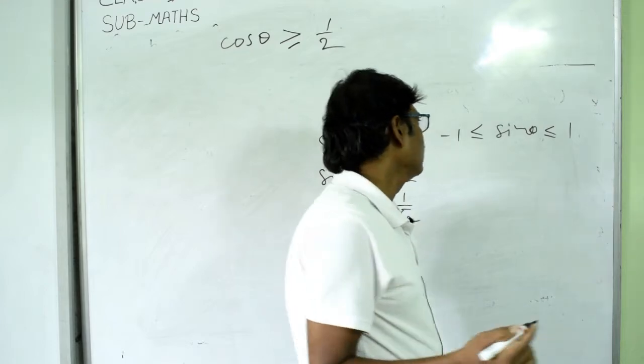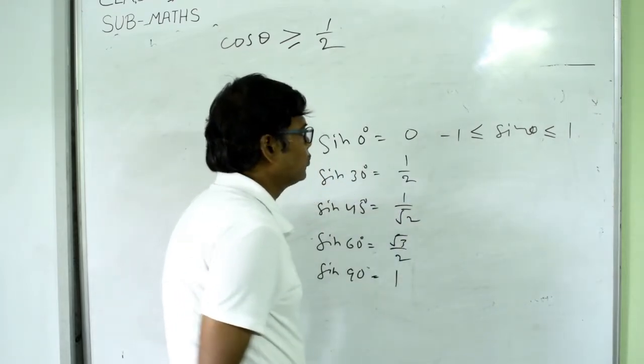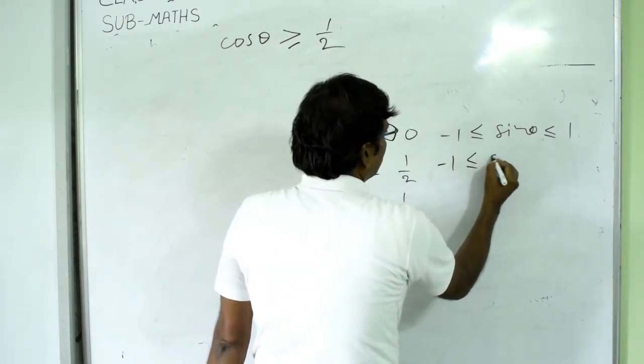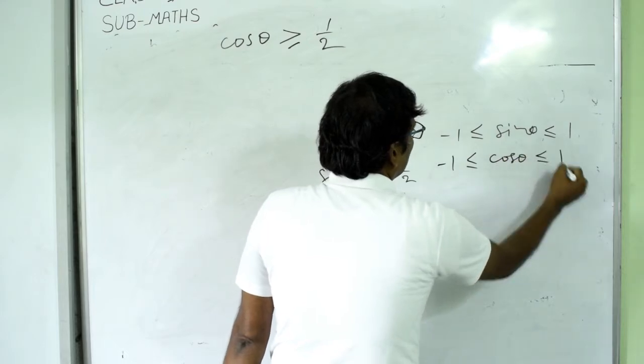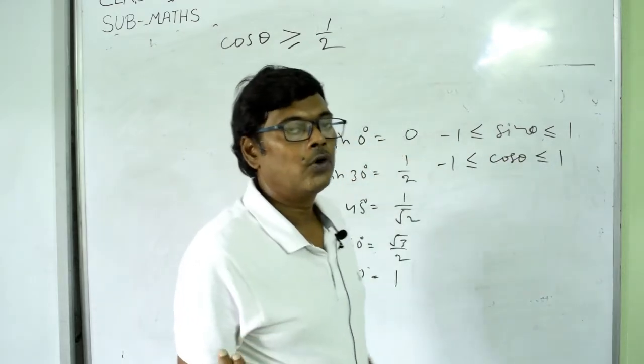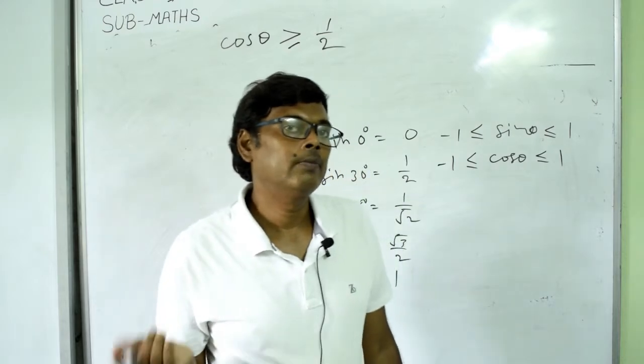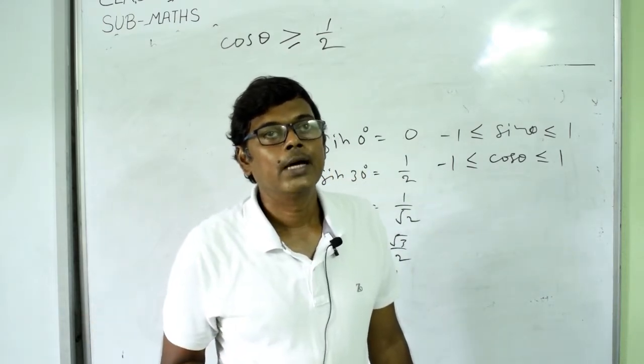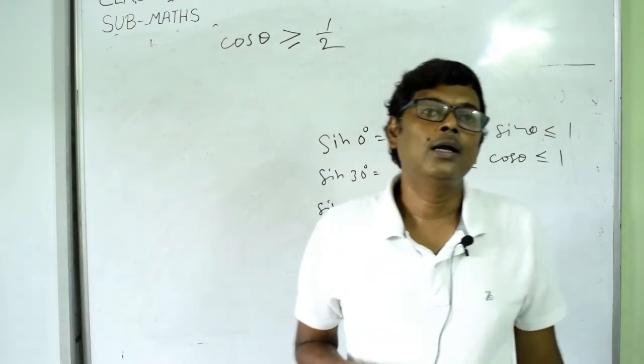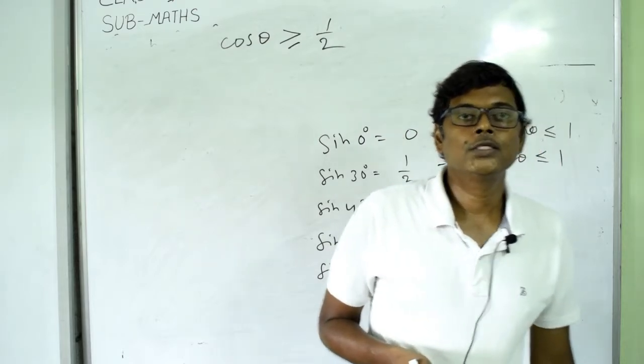Similarly, the value of cos theta is also -1 less than or equal to cos theta less than or equal to 1. The maximum value of cos theta is 1 and the minimum value is -1.